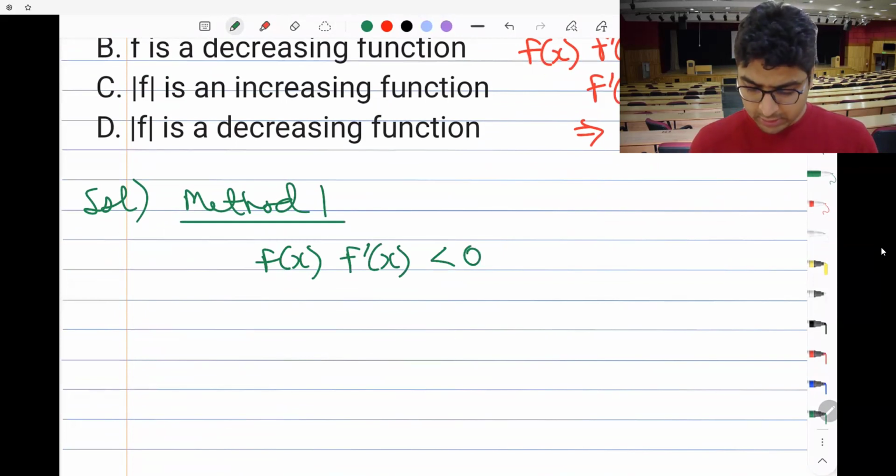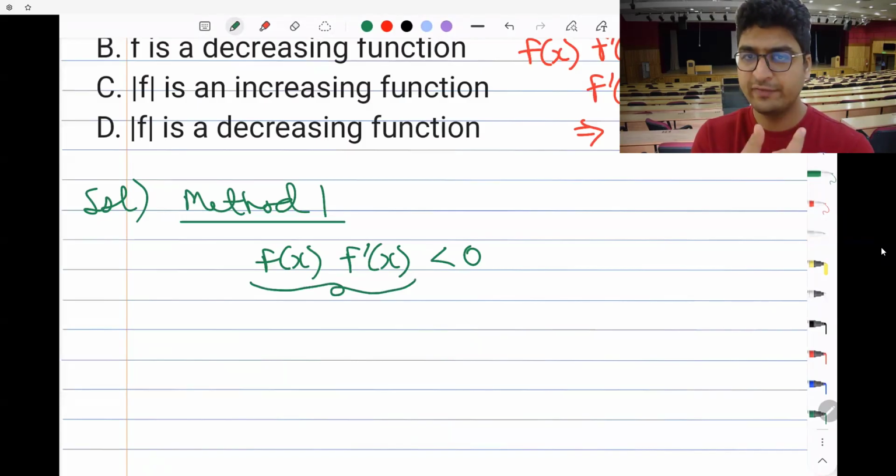Okay, तो मैं पॉजिटिव नंबर मल्टीप्लाई यहां पर कर सकता हूं, that's a big thing, and the inequality will still remain. If I multiply with a positive number on both sides, I can do that. But why am I thinking of doing that? Well, the thing is, this seems like chain rule. First you have f(x), then you are having f dash x. So it seems something like a chain rule thing.